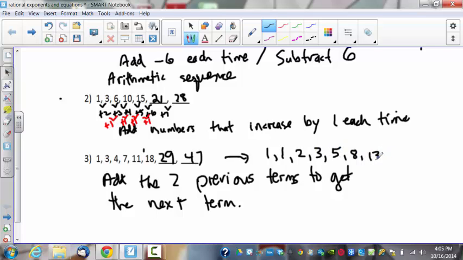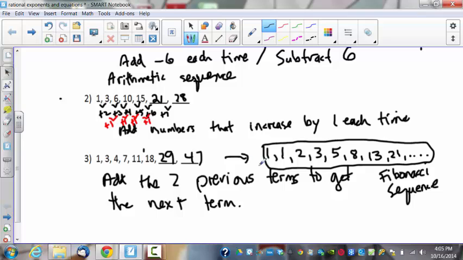This is a really famous sequence of numbers, and you see this pattern in nature, and this one is called the Fibonacci sequence. So this one is a Fibonacci-like sequence.